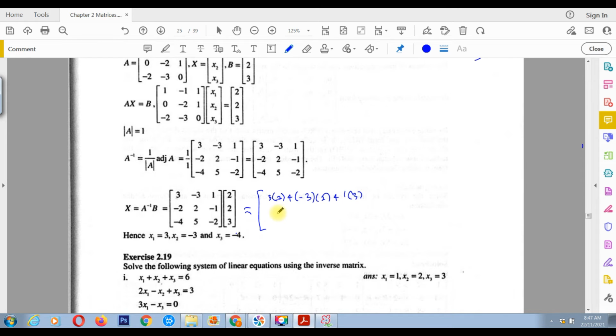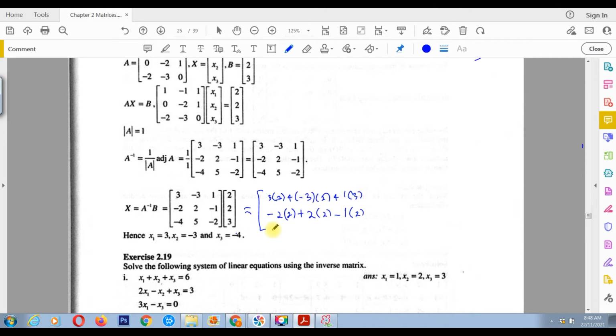And then negative 2 times 2, second row, first column. So second row, first column, we have negative 2 times 2 plus 2 times 2 plus minus 1 times 2.